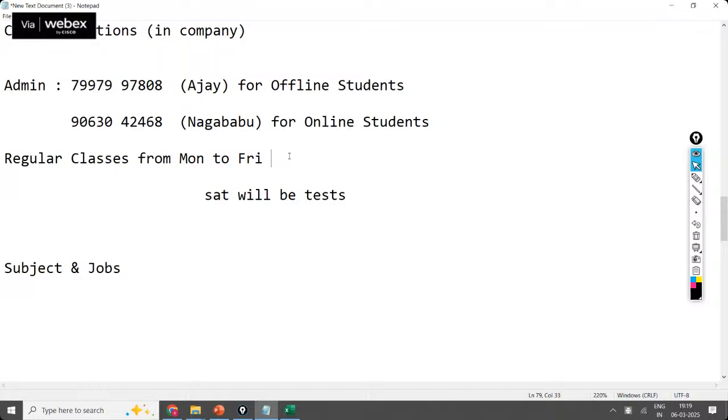So if I'm on leave on a weekday, the Saturday class will be there. If I'm not on leave, there's no need for Saturday. Maximum 5 classes in a week.